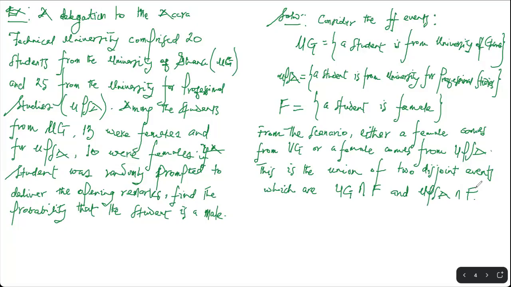So then, though the problem is saying that let's find the probability of a student being male, we can, based on the problem, try and find the probability that the student is female, and then afterwards we can worry about males because we've been given data point on females.